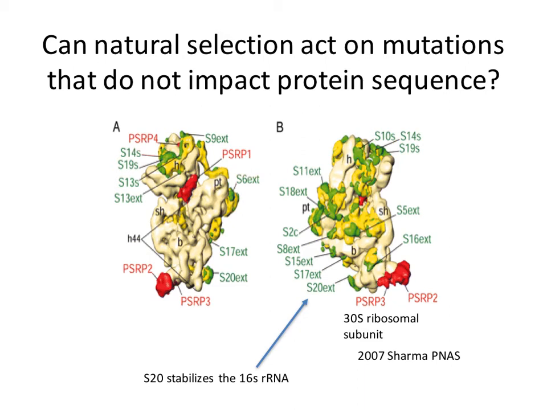So these are big conglomerates of RNA and protein together, and that's what's shown here. So this is the 30S, the small ribosomal subunit. And one of its parts is the protein called S20, which is down here. And one of the roles of S20 is to stabilize the 16S RNA, which basically just means this protein interacts with RNAs that are part of the ribosome.